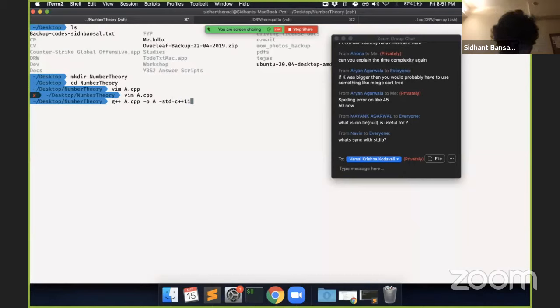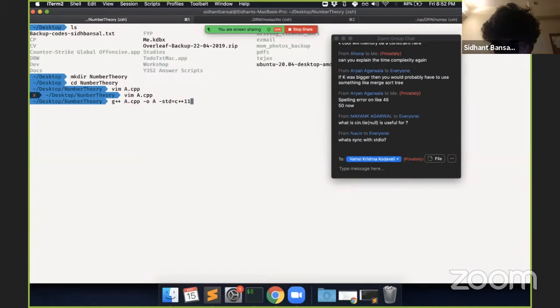Naveen, you probably won't care, but the idea is that when you say sync with stdio false, you're basically saying sync with standard input output is equal to false, which means that cout and cin are not required to be in sync with scanf. So cin and scanf are both methods of taking an input, and they generally work synchronously.